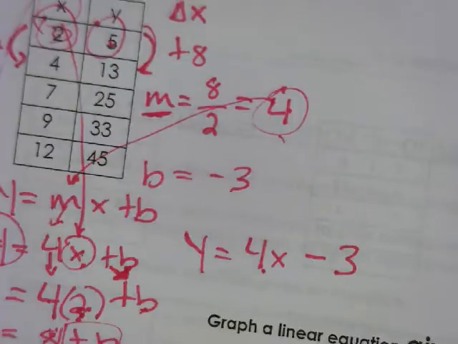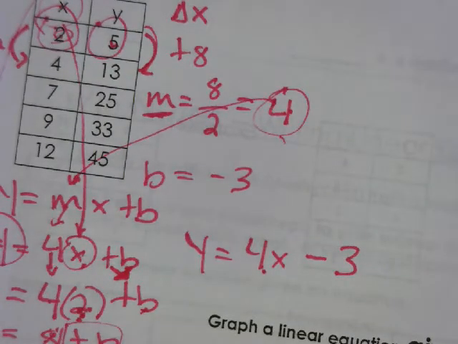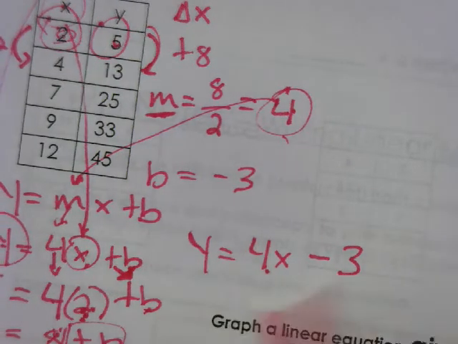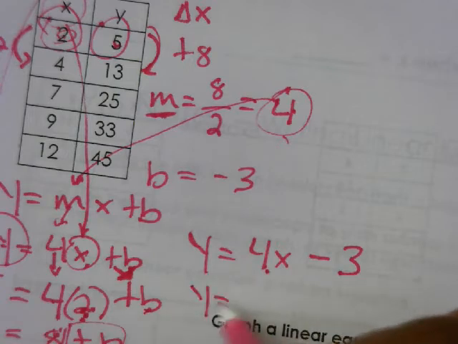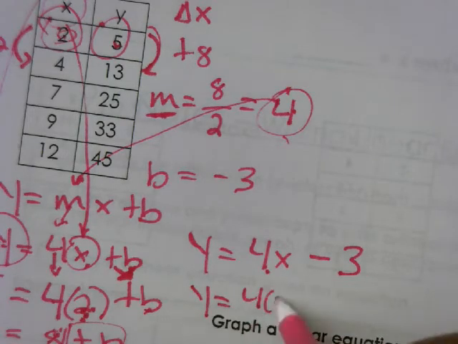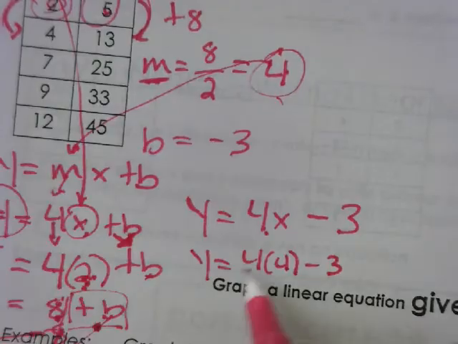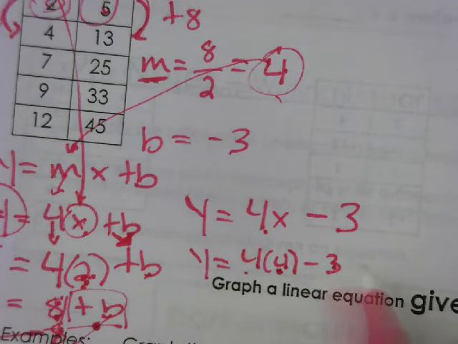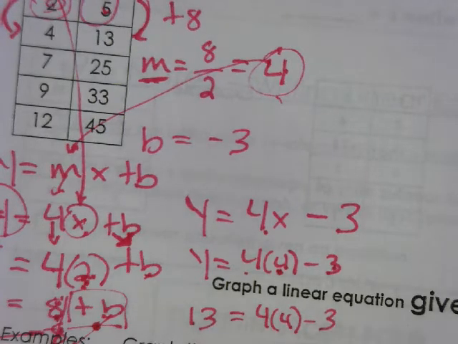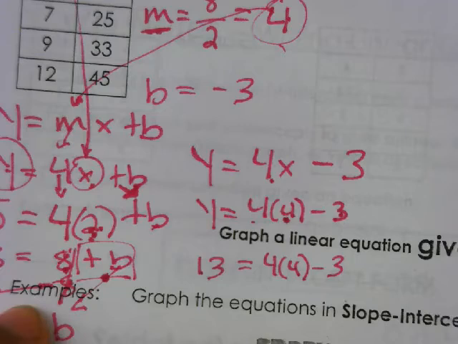So if I input 4, it should output 13. So if I said y equals 4 times that 4 minus 3, what does that equal? Well, 4 times 4 is 16 minus 3 is 13. So it does balance out. 13 equals 4 times 4 minus 3. It does balance out. It is equal.